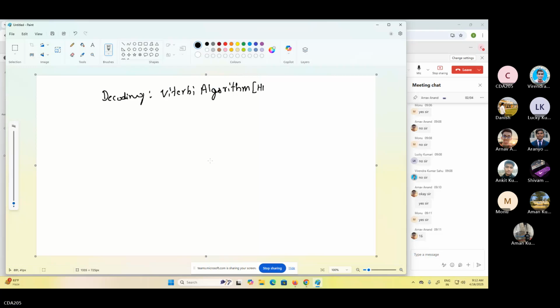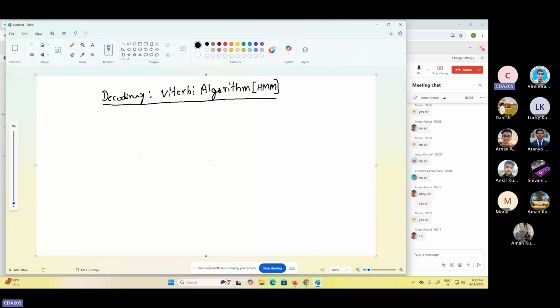In this method, we don't go through all the possibilities. We can directly find the possibility needed for the particular sequence. So how to solve this problem, we have to see in today's class.